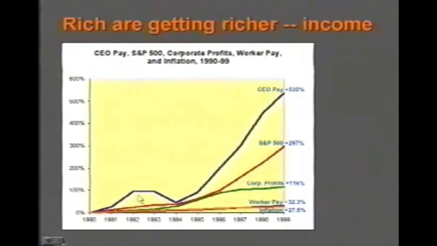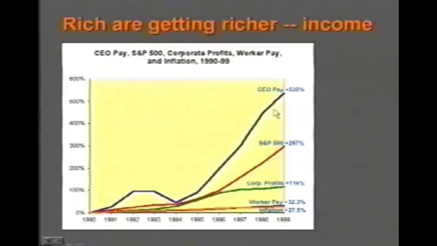You see it's this blue line right here. Whereas the Standard & Poor's index, again, has gone up around 300%. Corporate profits, interestingly, have gone up 116%, while a worker's pay has gone up 32%, and inflation has gone up 27%. So as you can see, the CEOs are making a whole lot of money.